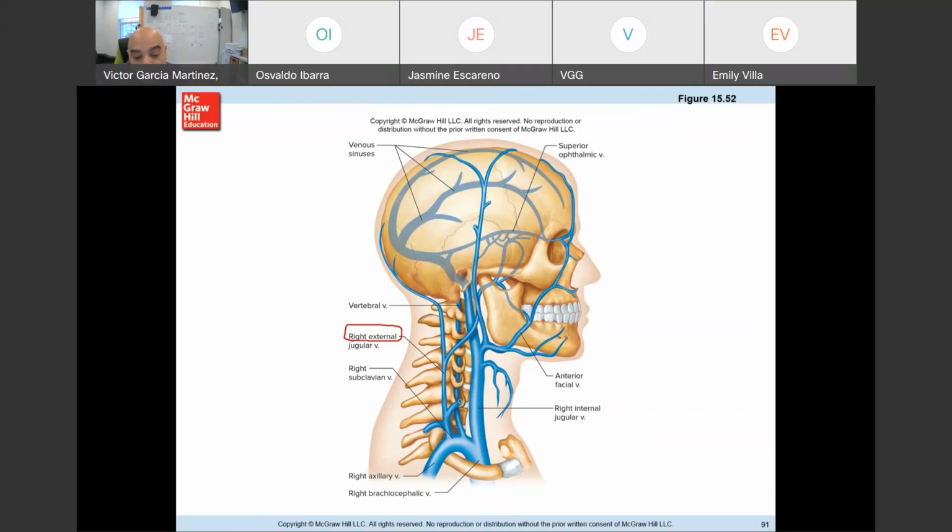Both of them are draining on the brachiocephalic trunk. If you remember, on the right side we have a brachiocephalic trunk for arteries, and we have the same for the veins. The jugular veins are draining on the brachiocephalic trunk, and the right subclavian vein is draining on the right brachiocephalic trunk as well.